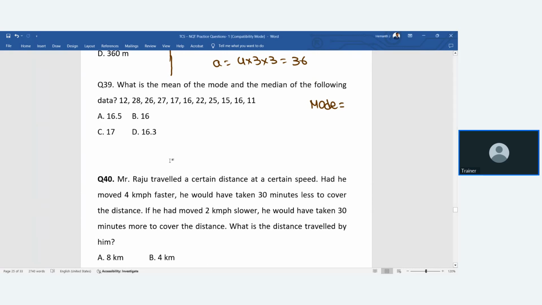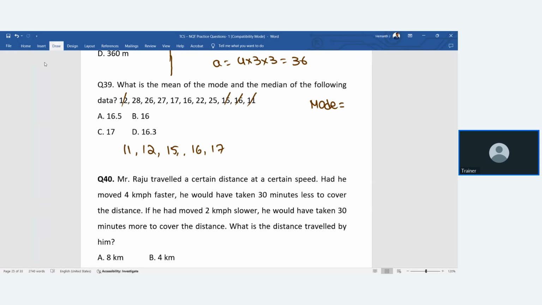So first, if you focus on median, we have to put the entire data into proper order, ascending or descending. So 11, 12, 15, 16, 17. 11 gone, 12 gone, 15 gone, 16 gone. 16 is there 2 times. That's the catchy one.